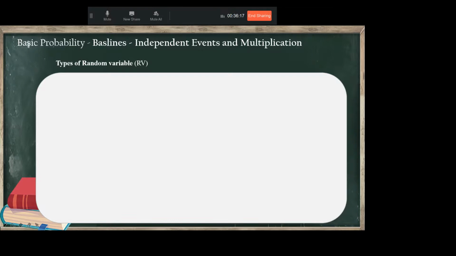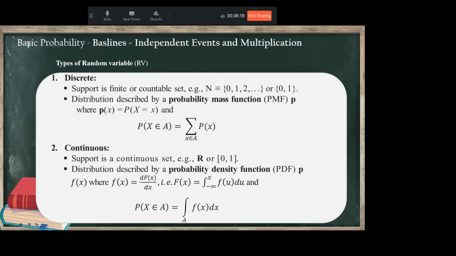What is discrete? Countable. So discrete is countable. It is a countable set, for example, n is 0, 1, 2, and so on, or in case of any two event outcomes, it will be 0 and 1.